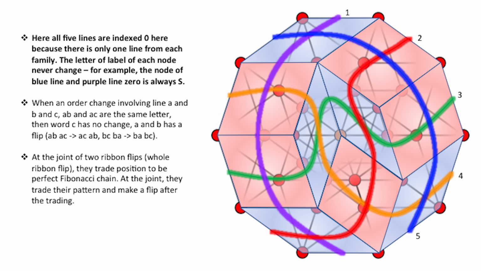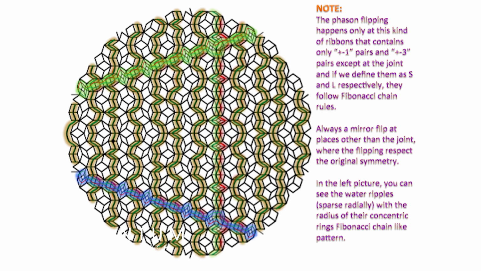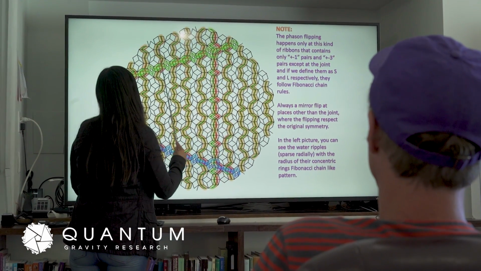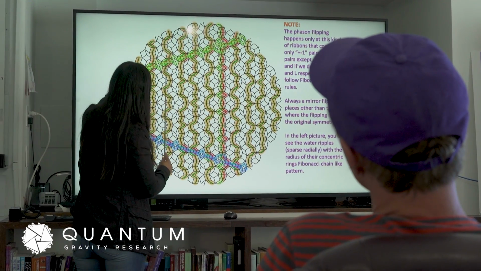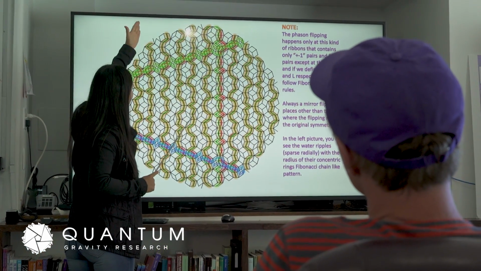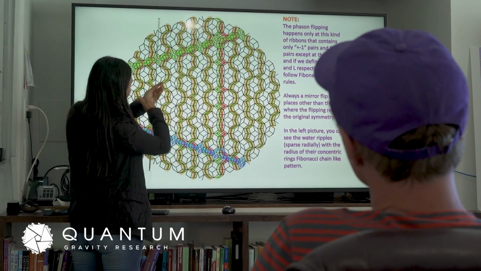So I have something here, related to how when two ribbons intersect, which is right here, they trade position to be the perfect one. I was noticing these ribbons take turns to be perfect. So when two ribbons intersect, one is completely perfect, another one intersecting is not.